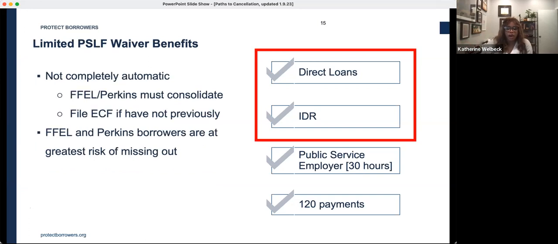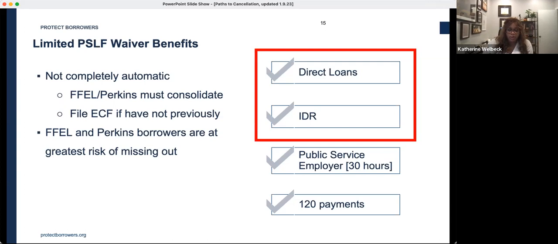One thing to note, these extended benefits are not completely automatic. Normally, PSLF requires that borrowers have a specific loan type, and that's a direct loan. Again, as we discussed, although the waiver allows borrowers with any loan type to get credit, those without direct loans must take some steps to convert their loans into direct loans through a process called consolidation, though they'll still get credit for that time prior to the consolidation.